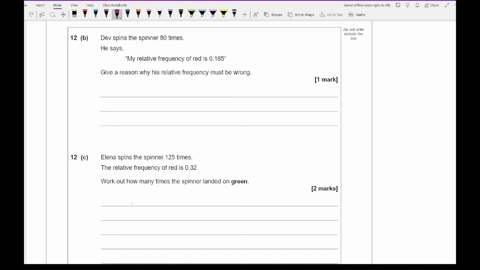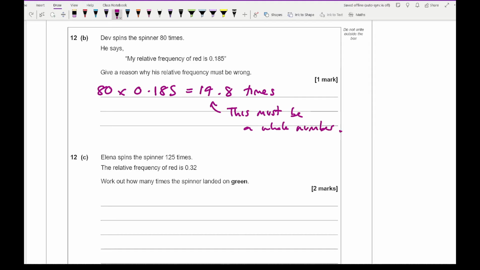So the reason for this is, well, because if I then do 80 multiplied by 0.185, and I'll type that into my calculator, it gives me an answer of 14.8 times, which must be a whole number because it's the number of times in which it spun. So that's why Dev is wrong.